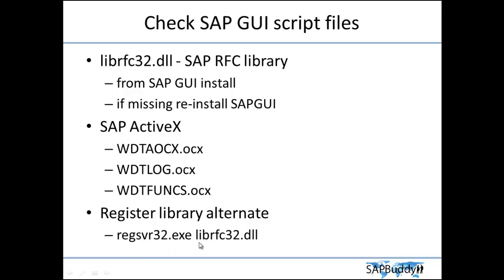Go to the Windows command prompt and execute the command regsvr32.exe space rfc32.dll. Then it will automatically register this DLL file to the local Windows, and we will be able to call RFC from Windows to SAP.